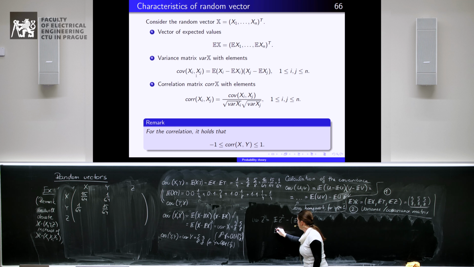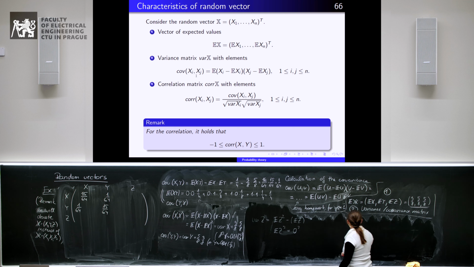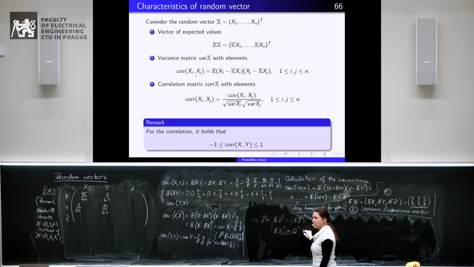And the expected value of Z square is 0 square times the probability that Z is equal to 0, and now I don't remember the value.